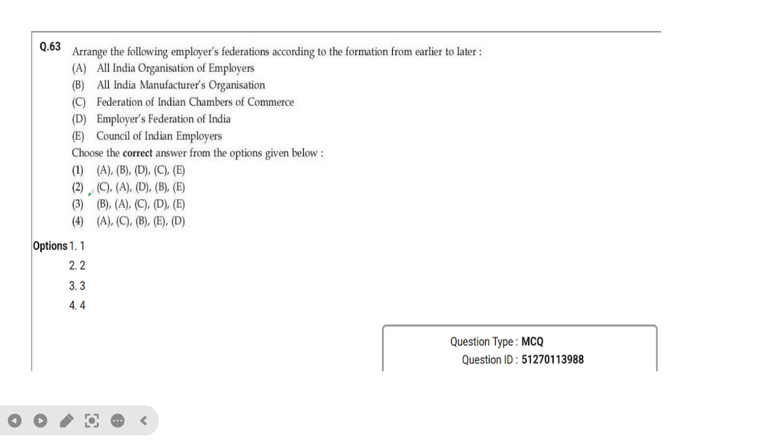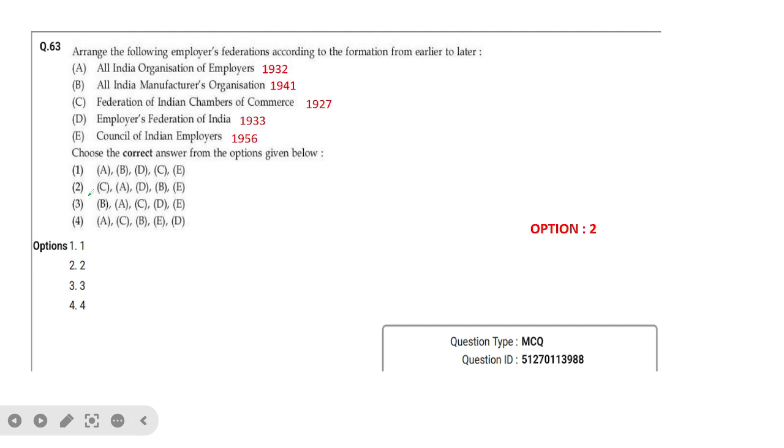Question number 63: arrange the following employers' federations according to their formation from earliest to latest. All India Organization of Employers, All India Manufacturers Organization, FICCI, EFI, Council of Indian Employers.